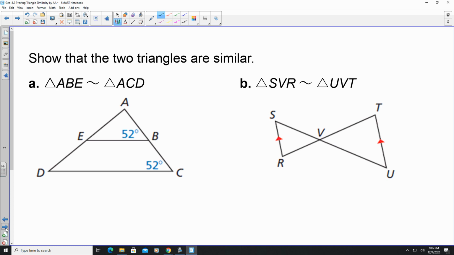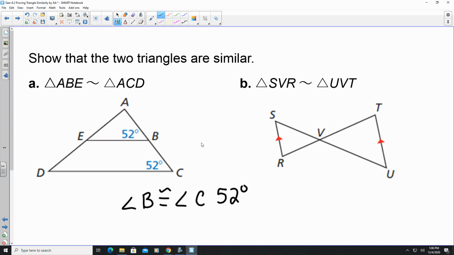All right, so here it says show that the 2 triangles are similar. In this particular instance, for example A, right off the bat, it looks like angle B is congruent to angle C because they're both 52 degrees. There is no other angle that shows that they have the same measurement.